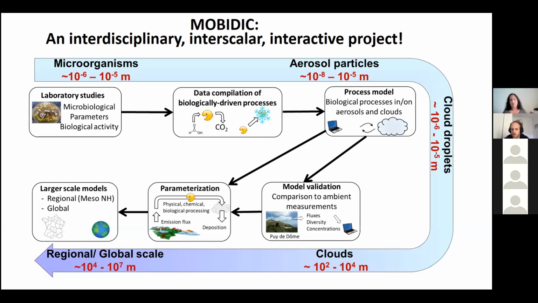I will talk about them very briefly, but we want to connect the pieces by modeling and understand the processes, test these models, and then finally, we want to put them on larger scale models, regional or global scale, to really understand and make conclusions about their global role. I can tell you right now, we are not quite there yet, but I will show you the different pieces we have addressed so far in our project.